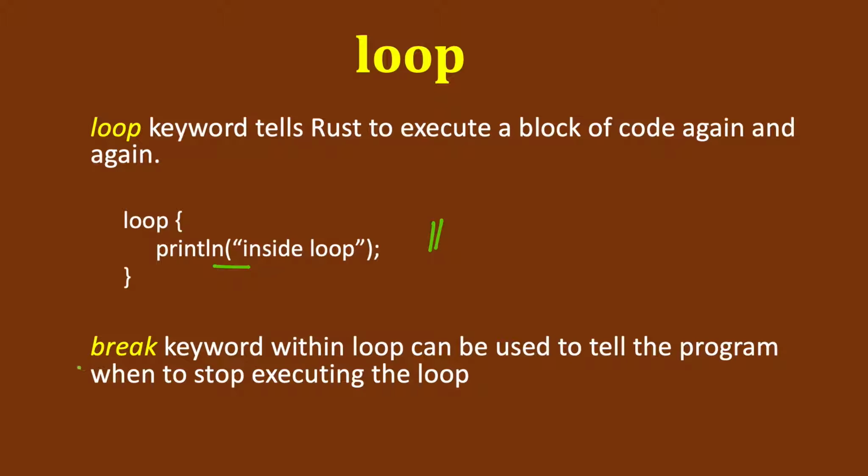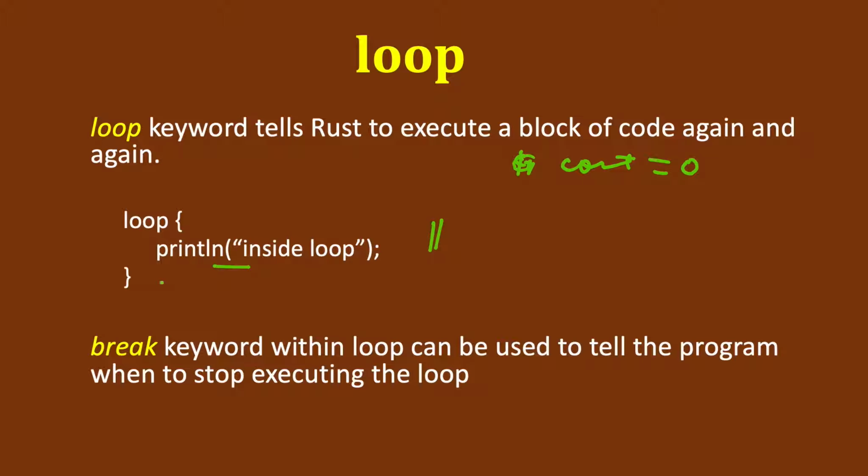So we have a break keyword in Rust which will enable us to exit out of this loop. So we can add a condition, like we have a counter. So count we can initialize to 0. And when we print inside loop, we increment count by 1 every time. So 1, 2, 3, 4.